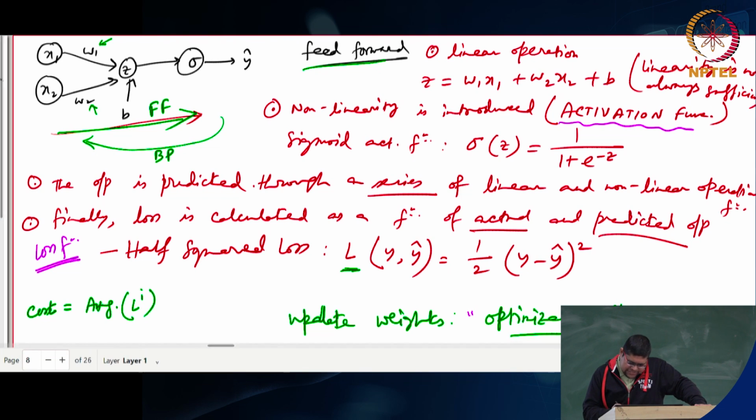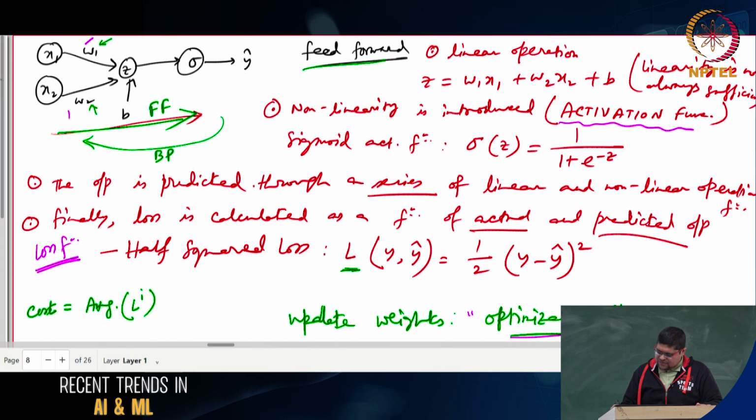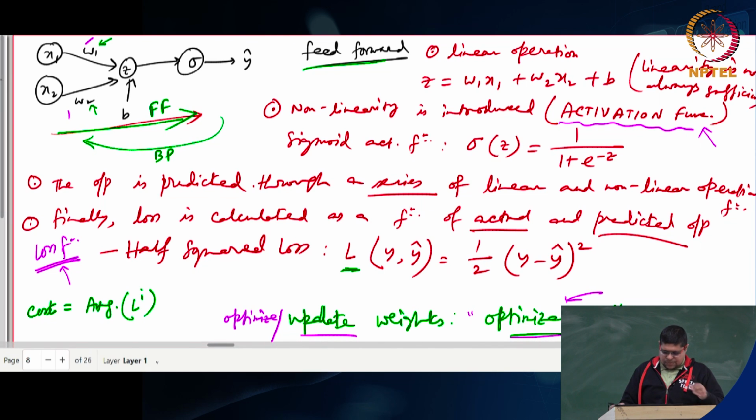And this optimization function is very, very important, because we are optimizing these W's. So these 3 things, please remember. If time permits, I will take some dedicated classes on the activation, loss and optimization functions.